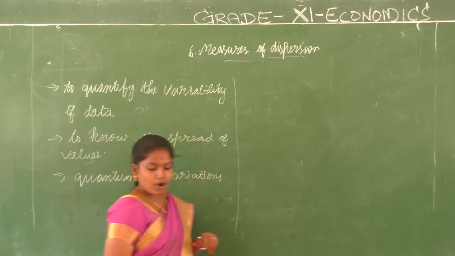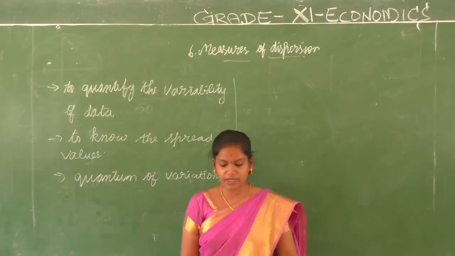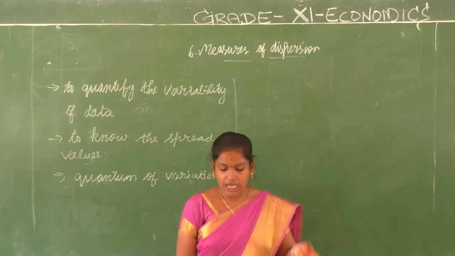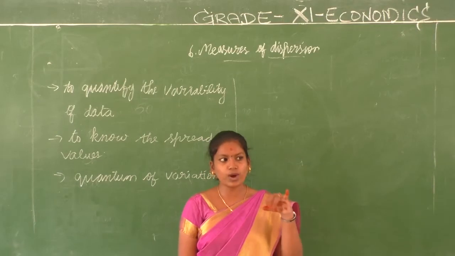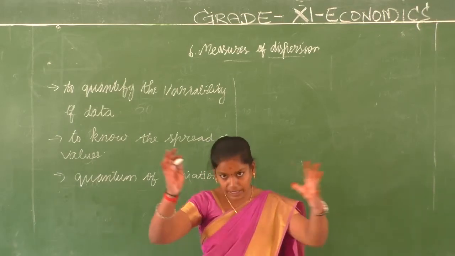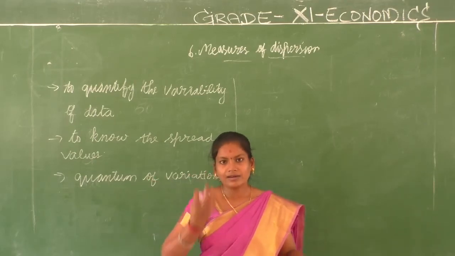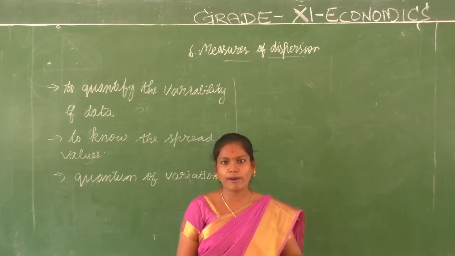Okay, quantum of variations. Done, children? So a measure of dispersion can tell you about what? Income and inequalities. One family earns 15,000 per month. Another family earns 1,50,000 rupees per month.